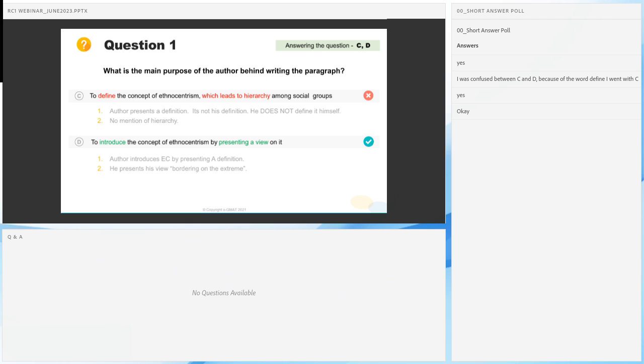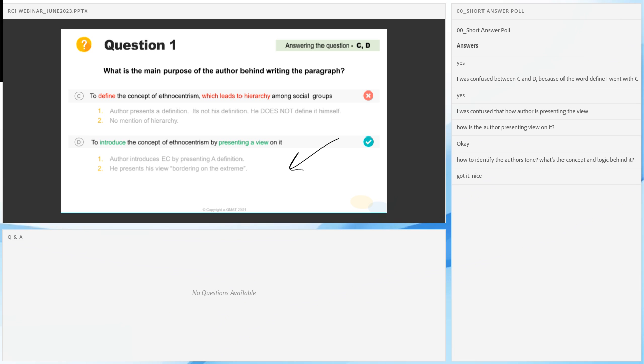Which brings us to our correct answer: to introduce the concept of EC by presenting a view on it. Now, prior to reading this passage, you didn't know what EC was. So definitely the author did give you an introduction. And the author really said, hey, this is an extreme view on EC. Bordering on the extreme. One definition of EC considers it so on. That's why this is correct, first of all. How is the author presenting a view on it?